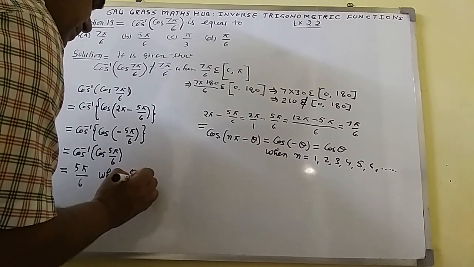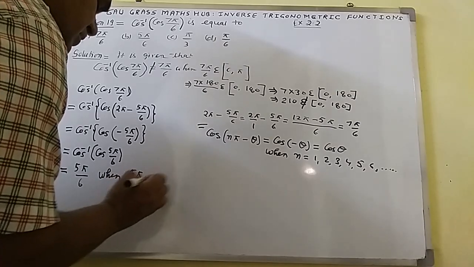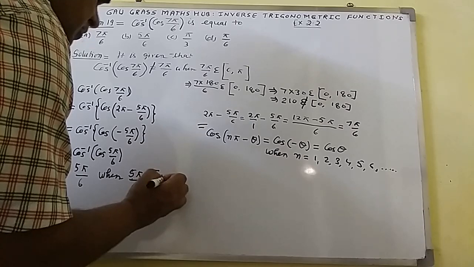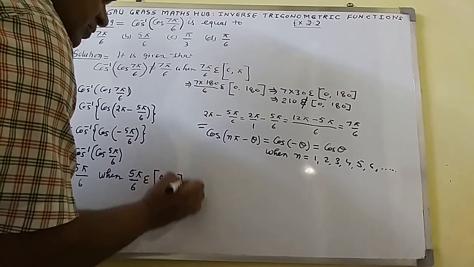5 pi by 6 belongs to the closed interval 0 to pi.